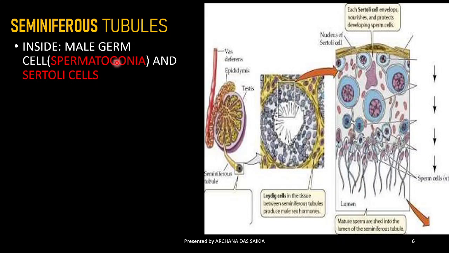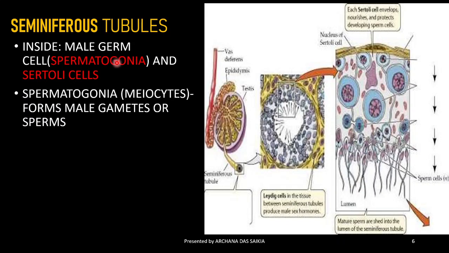Male germ cells are also the meiocytes. That means they have the ability to undergo meiosis, reduction division, and form the male gametes. We humans have 46 chromosomes, but the gametes will always have half the number, that is 23 chromosomes.